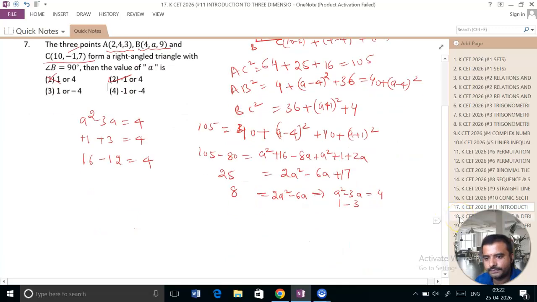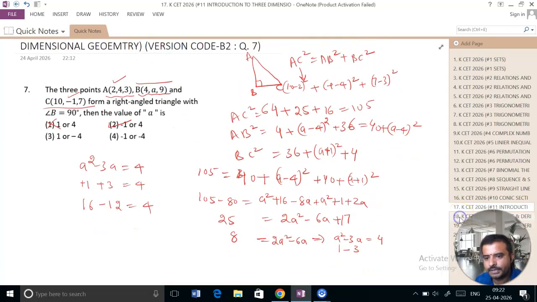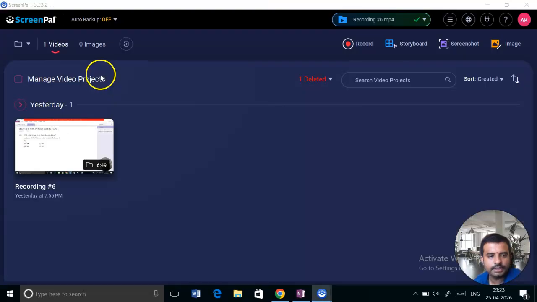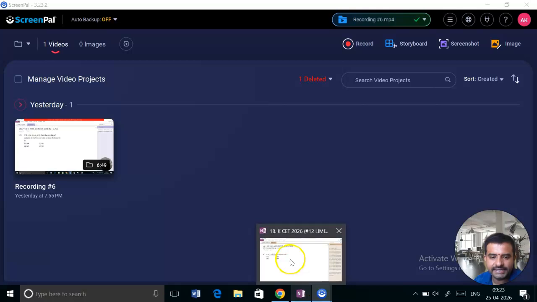Next, we'll move on to the next question, the question from limits and derivatives. And this year they asked two questions from limits and derivatives.